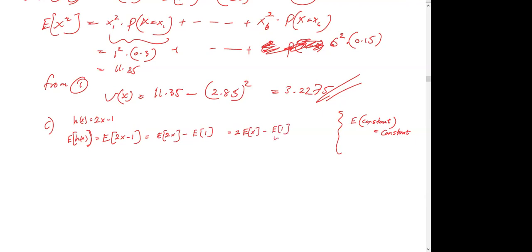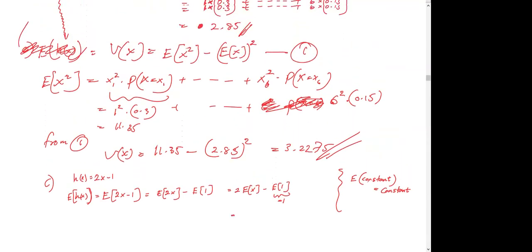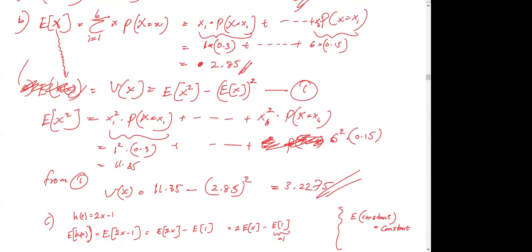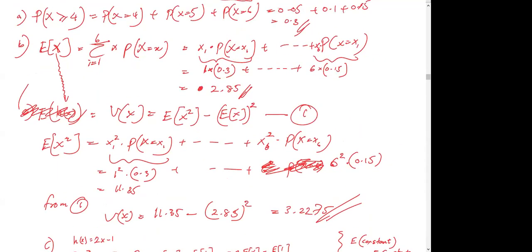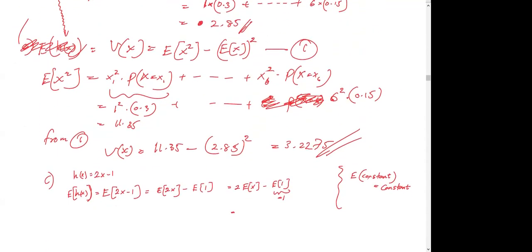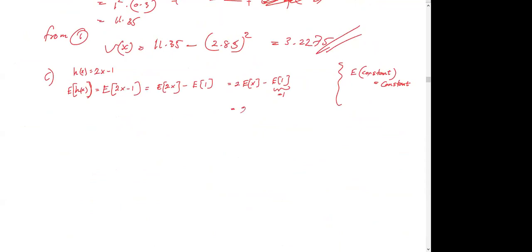So this becomes 1. So what is expected value of x? I think you can find it from part A. It is 2.85. So 2 times 2.85 minus 1. So we will get the answer for that.